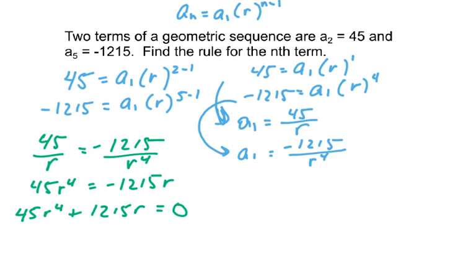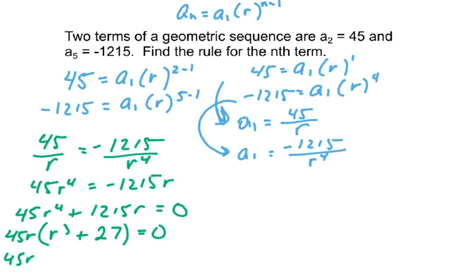Our greatest common factor is going to be 45r. That means we are left with r cubed plus 27 is equal to 0.